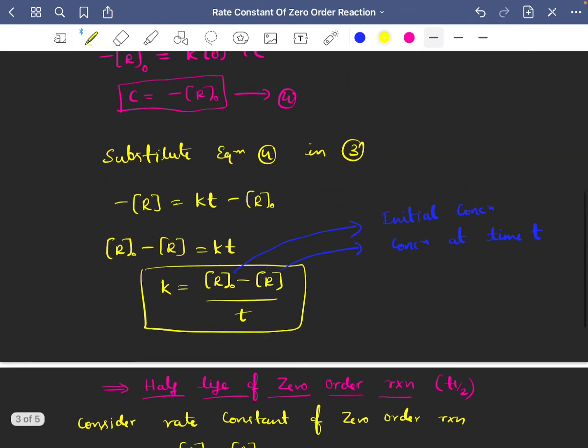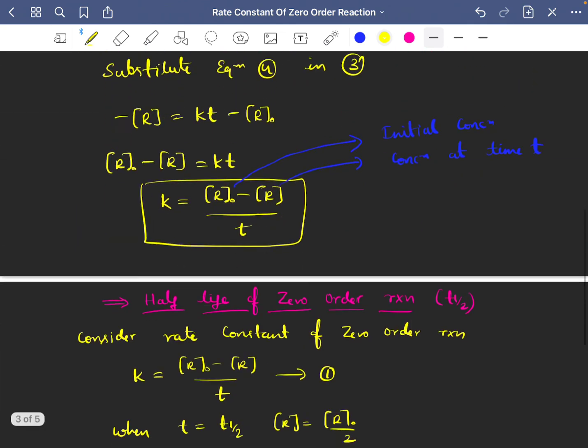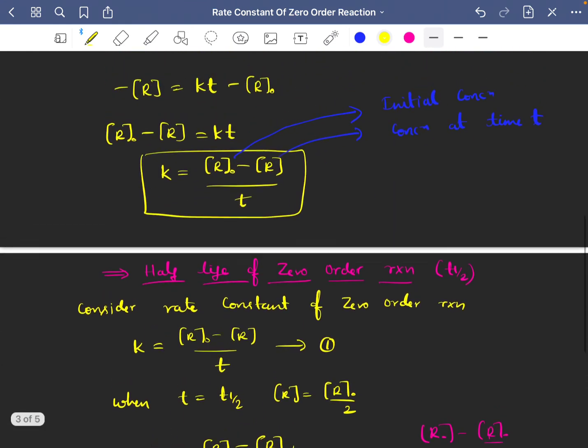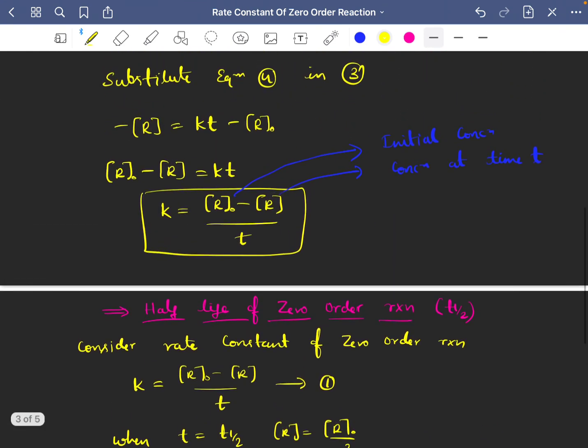Half-life of zero order reaction is R naught by 2K, and the rate constant of zero order reaction is K equals R naught minus R by t. So this is all about this video. In the next video we'll discuss the rate constant of first order reaction and the half-life of first order reaction. Thank you, my dear students.